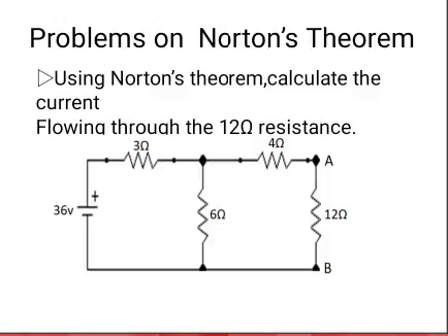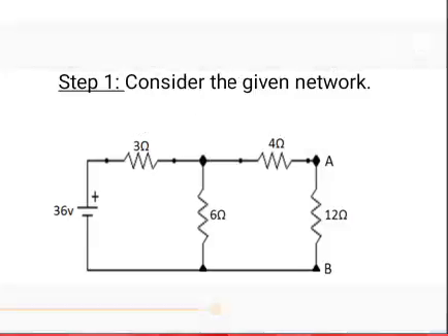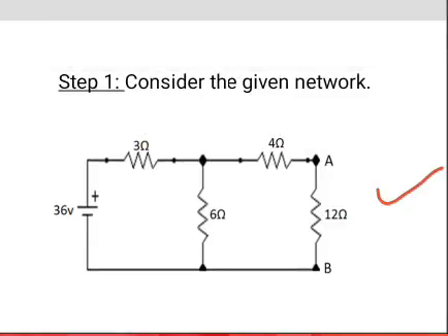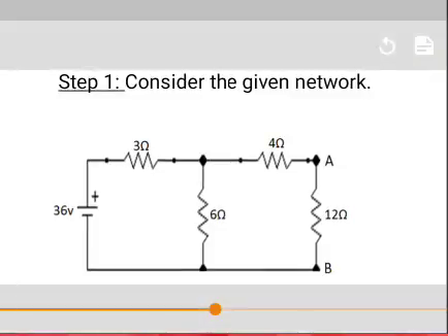Problem. Using Norton's theorem, calculate the current flowing through the 12 ohm resistance. So this is the given network. First, consider the given network. Step 2.